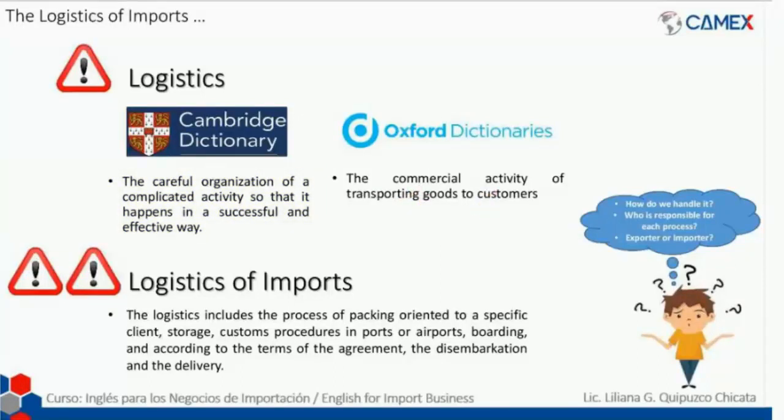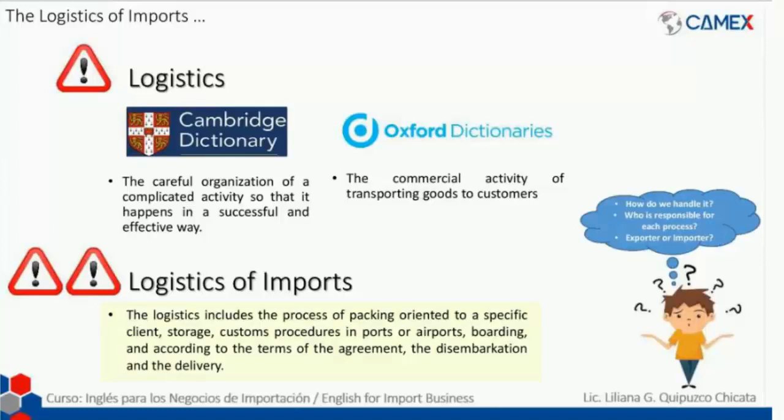Then Oxford Dictionary says that it is the commercial activity of transporting goods to customers. So Oxford says it is commercial, it specifies that it is commercial activity and it is transporting goods to the customers. So logistics of imports, what is it?